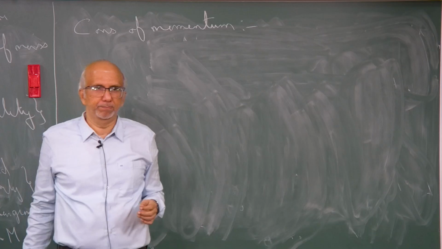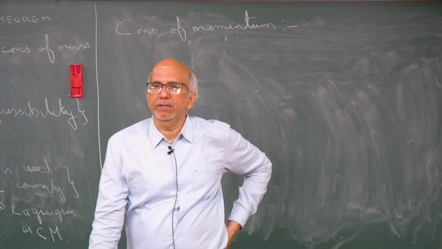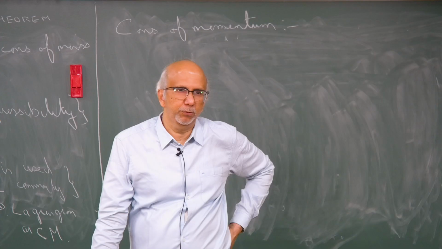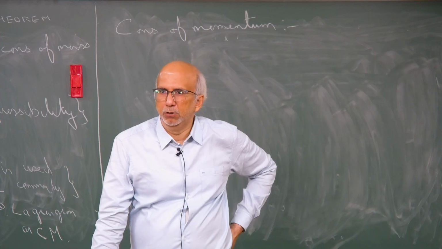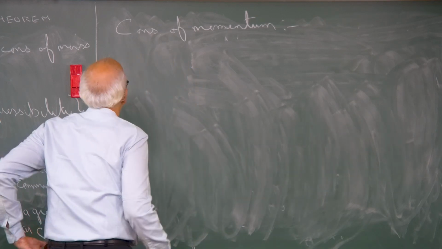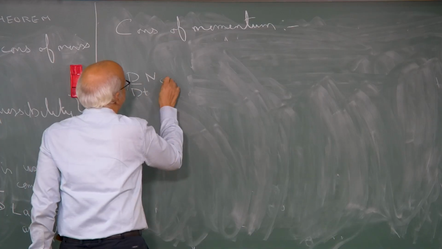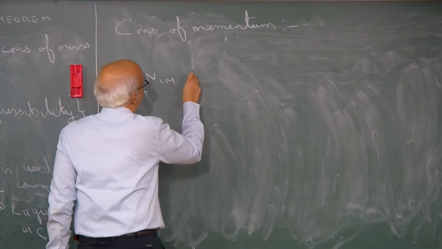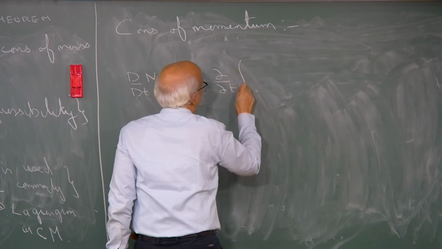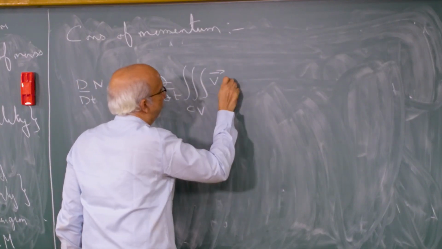Now, conservation of momentum. That is the other conservation law that we have, and here all you have to do is go to Reynolds transport theorem and put the velocity v wherever eta is there. So, d/dt of N_CM, where N is now the momentum of the control mass, is equal to d/dt of the integral over the control volume of eta rho dV.